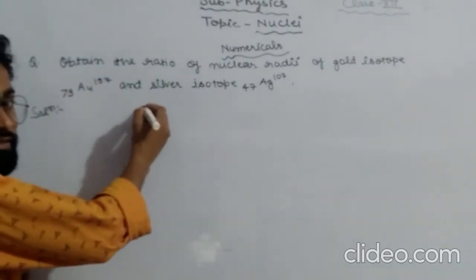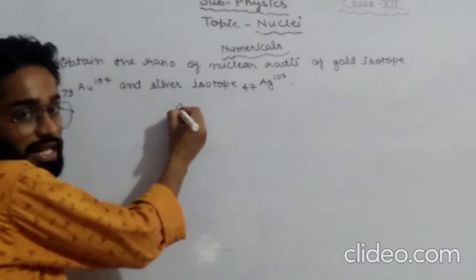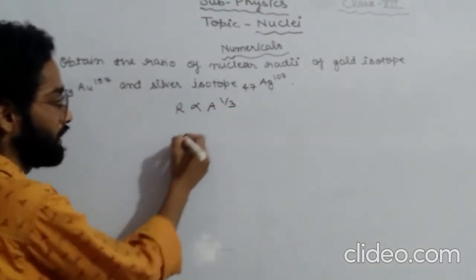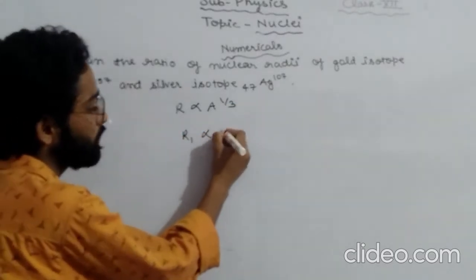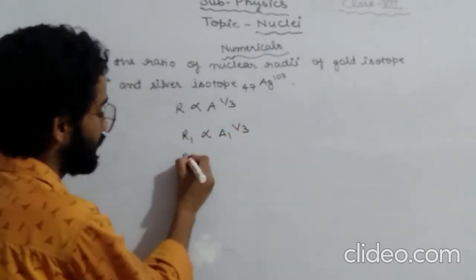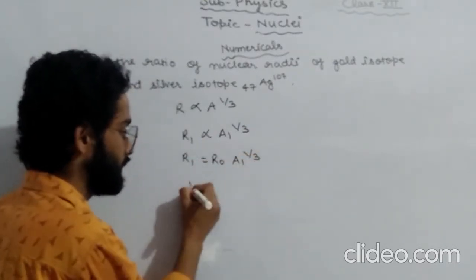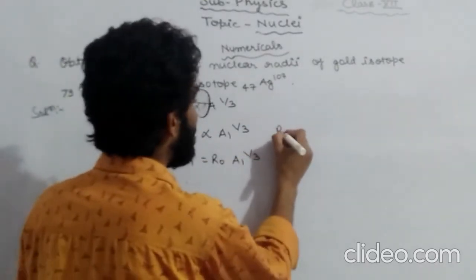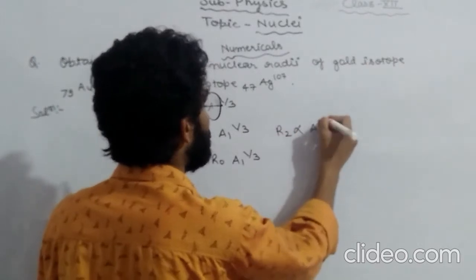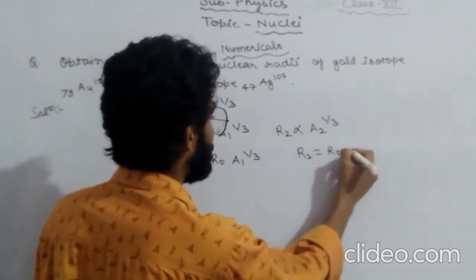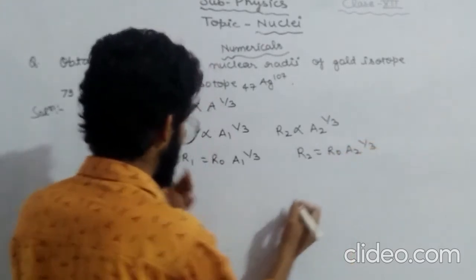For this we have a relation that R is directly proportional to A to the power 1 by 3, we know that. Then R1 is directly proportional to A1 to the power 1 by 3, so R1 can be written as R0 A1^(1/3). Likewise, R2 is directly proportional to A2 to the power 1 by 3, so R2 is equal to R0 A2^(1/3).